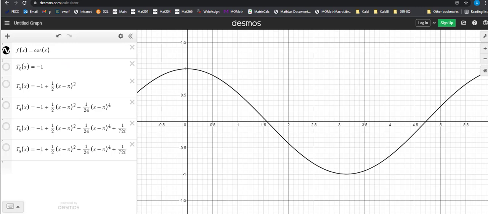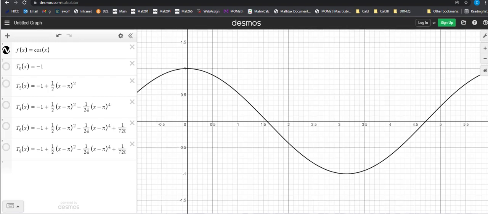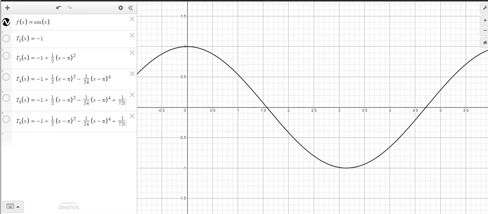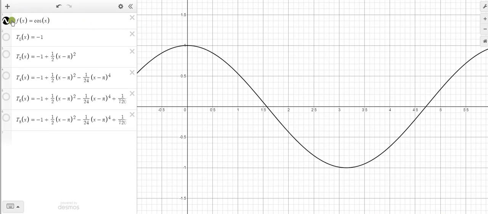So what I'd like to do now is show you graphically what we've just done as we've constructed that T6 Taylor polynomial. So there should be a link for you to click to go to Desmos to see this. Let's scoot this up a little bit so we can see everything a little better. So here you can see in black I've graphed the cosine function.